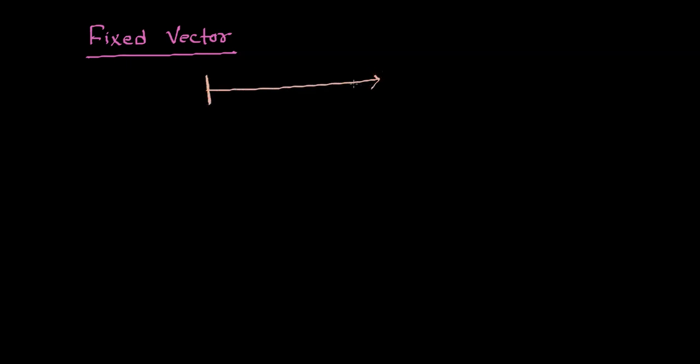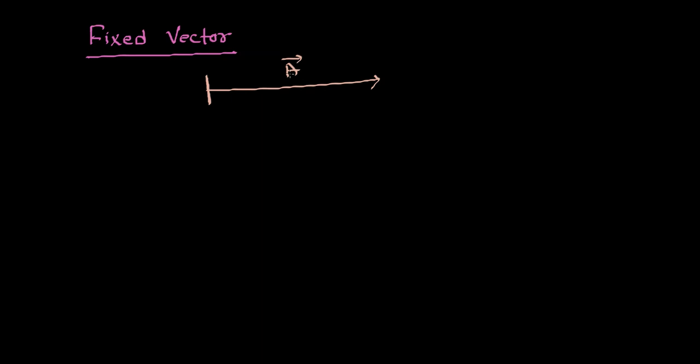Now fixed vector. What is this fixed vector? It is very important. Suppose here now the line is fixed. Now the line has gone over here. So it is an A vector, suppose.